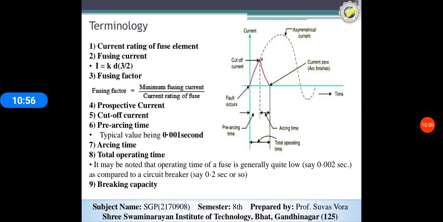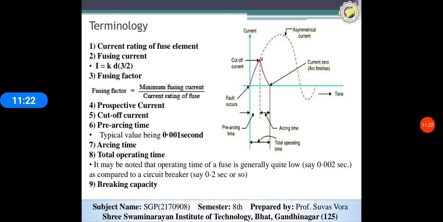Total operating time means pre-arcing time plus arcing time. The addition of the pre-arcing time and arcing time is basically 0.02 second as compared to circuit breakers. So this is the basic terminology, and the last one is the breaking capacity.